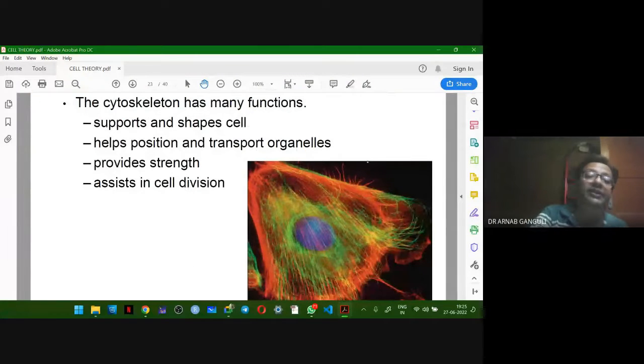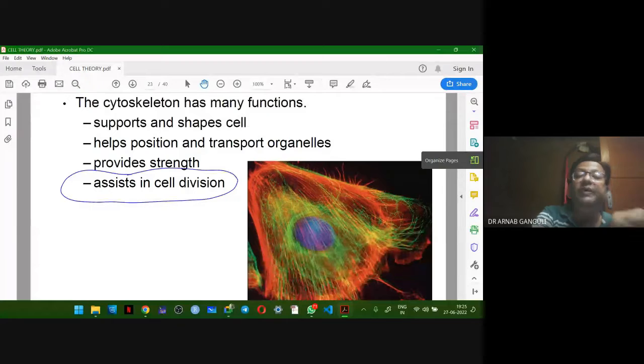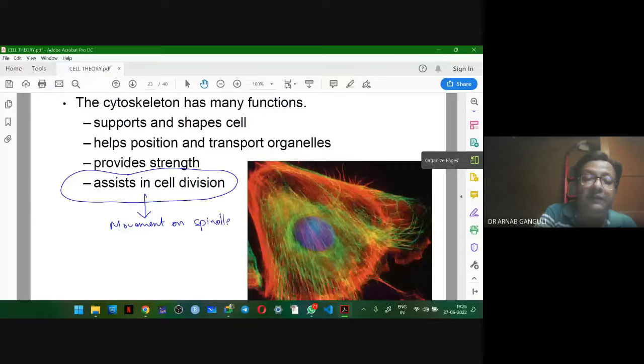Like I said, during cell division, this cytoskeleton helps the movement of the chromosomes on spindle fibers.